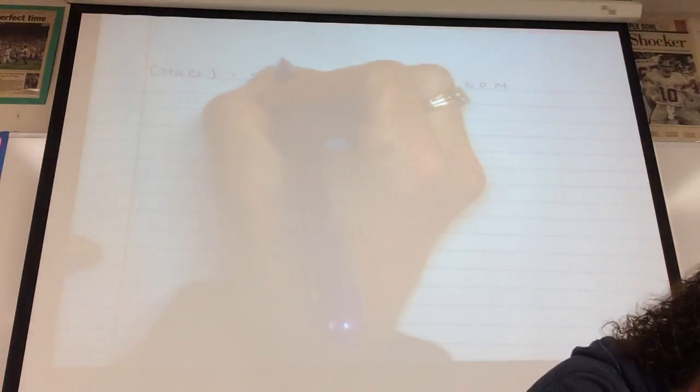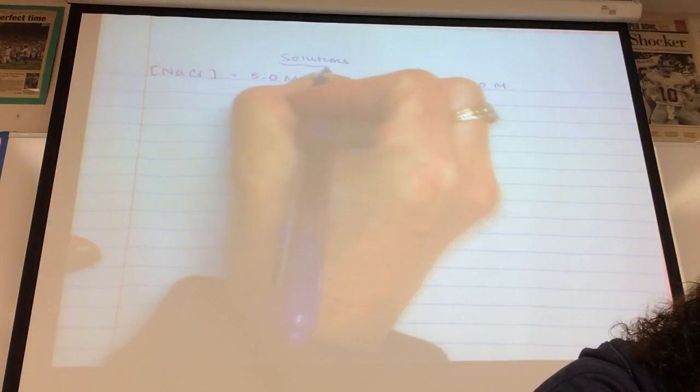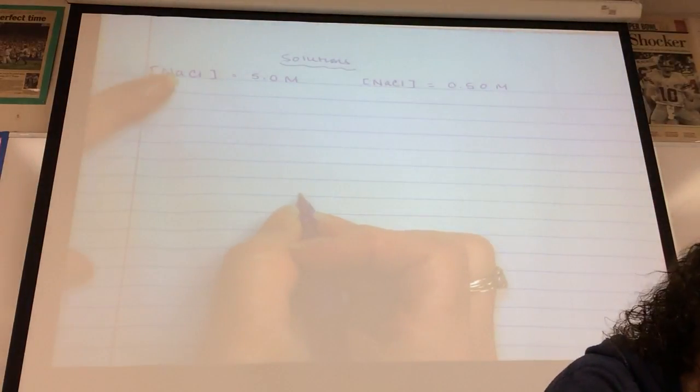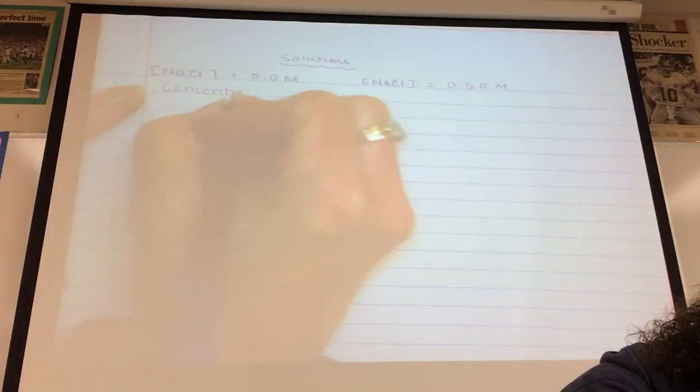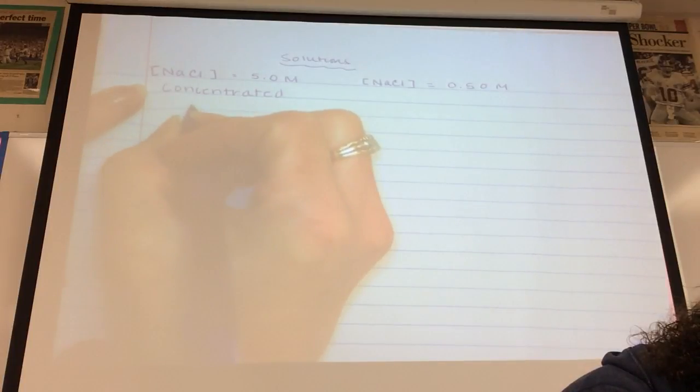Of these two solutions, which one is more concentrated? This one. And when you consider that in terms of molarity, we know that molarity is moles of solute per volume of solution.